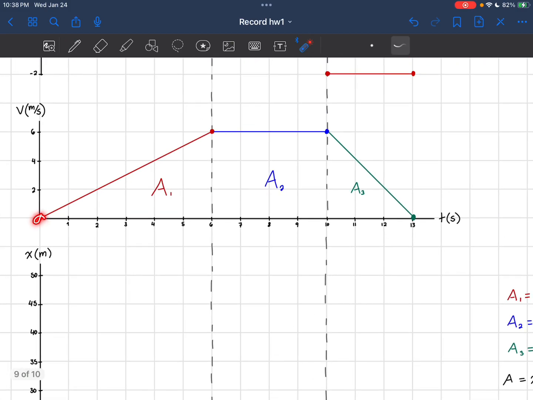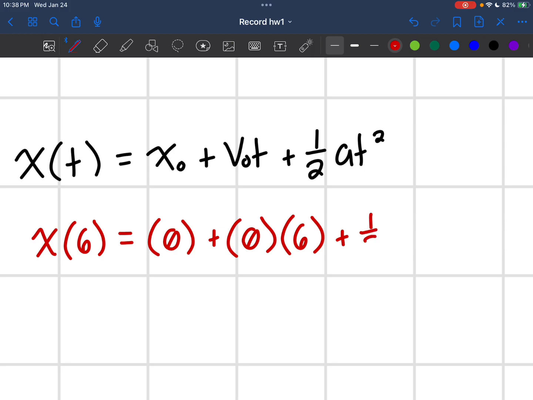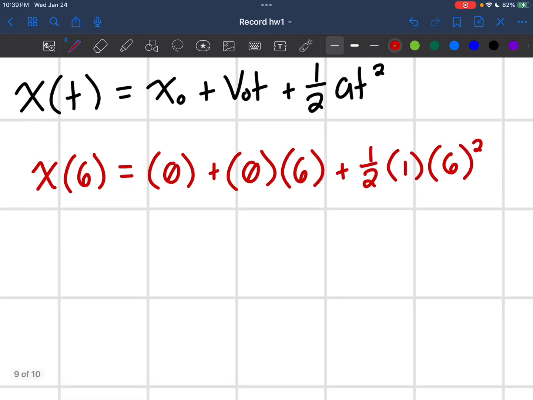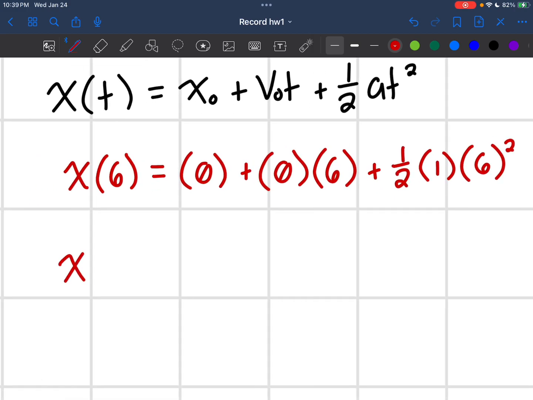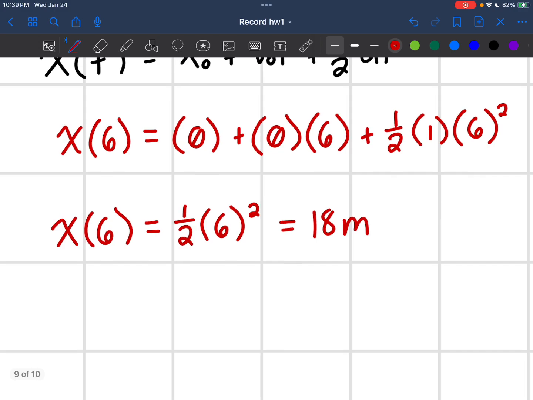We said that up here at the beginning. The time that has passed, there's my 6 seconds, plus 1/2. My acceleration is 1, and my time is 6. I square it. Right? So x of 6 equals 1/2, and since I'm just multiplying by 1, I can just get rid of it. Multiplying by 1 doesn't change anything. And that's going to equal 18 meters.